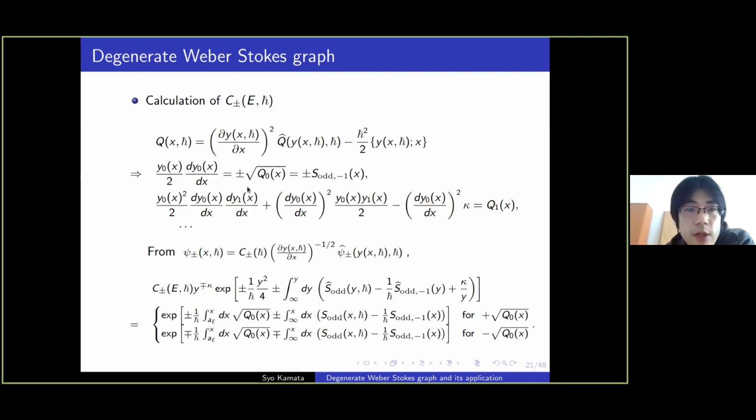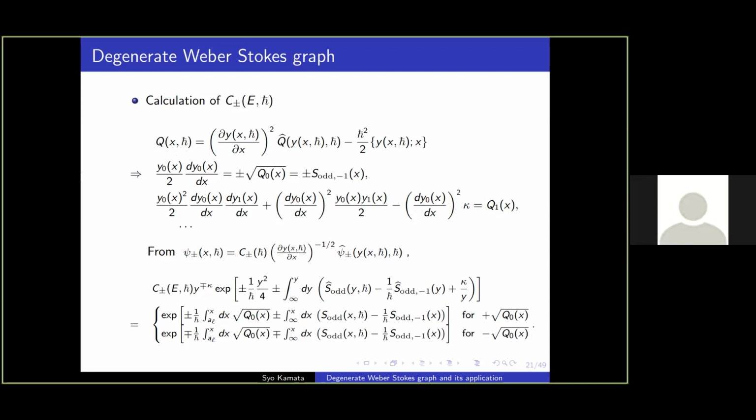So by using this relation, we can make a relation between the Y and X here. This is a leading order, and this second one is the next order of this relation. And also, if you want to consider higher order, you can explicitly write it down like this one.